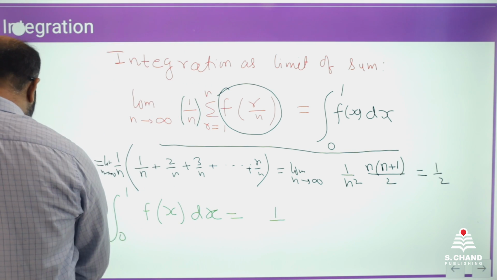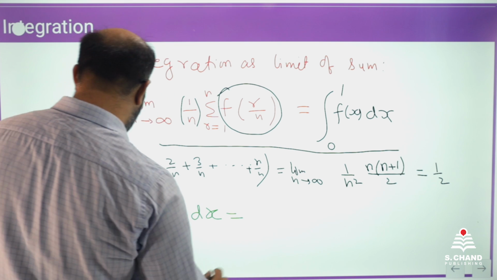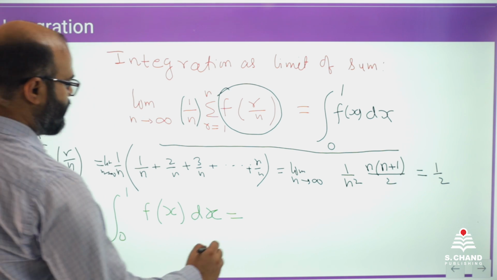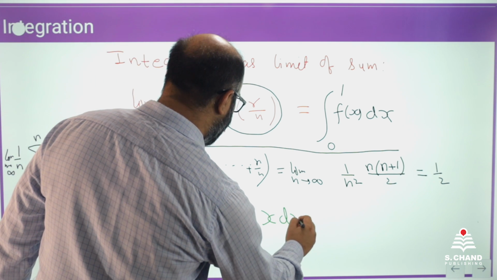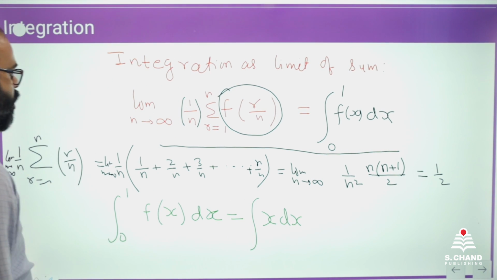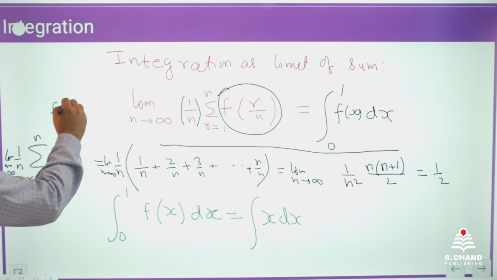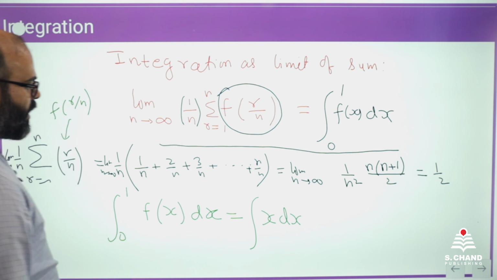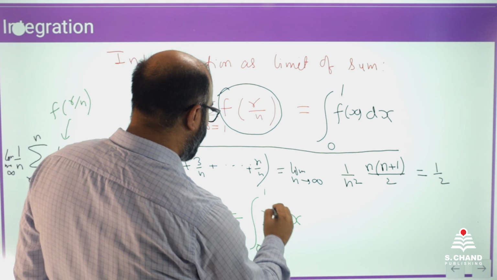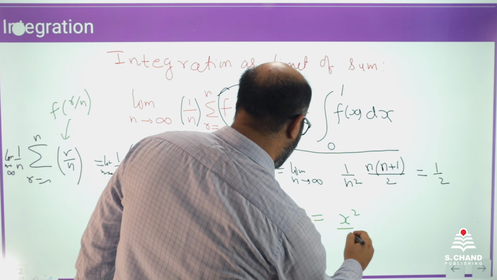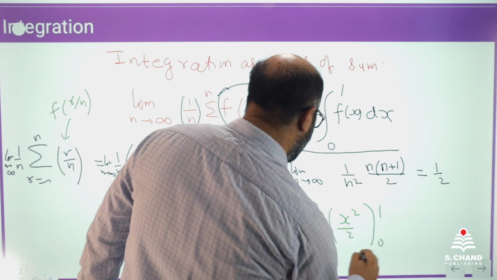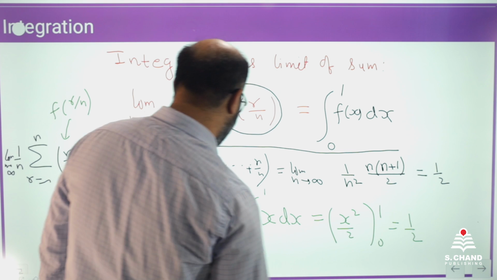F of x is x, dx. So this is f of r by n, which is r by n. So it is 0 to 1. Now you integrate it, you get x square by 2. Limit is 0 to 1. So you get 1 by 2.